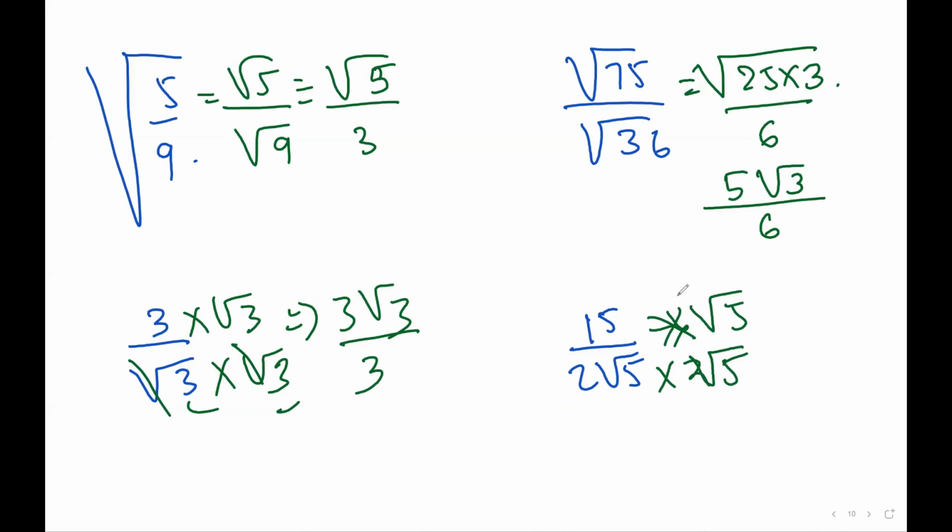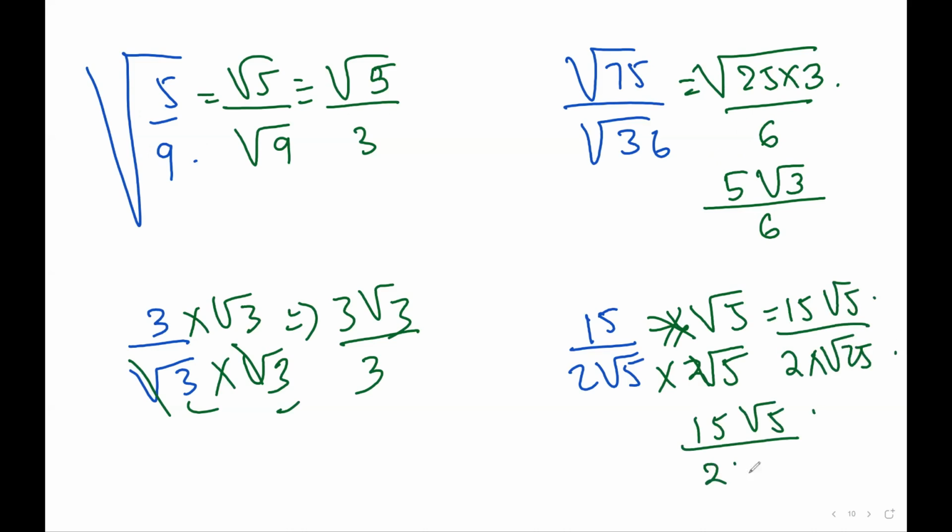Whatever you do in denominator, same thing you will do in numerator. So this is 15 root 5. This will be what? 2 into root 25. So 15 root 5 over 2 into 5. So 5 3s are 15. So what is your answer? It will be 3 over 2 root 5. Are you all clear for this also?